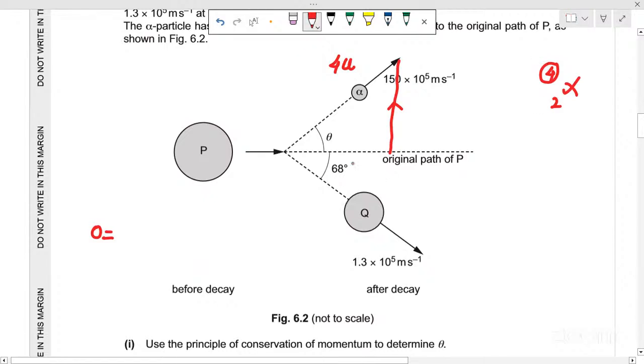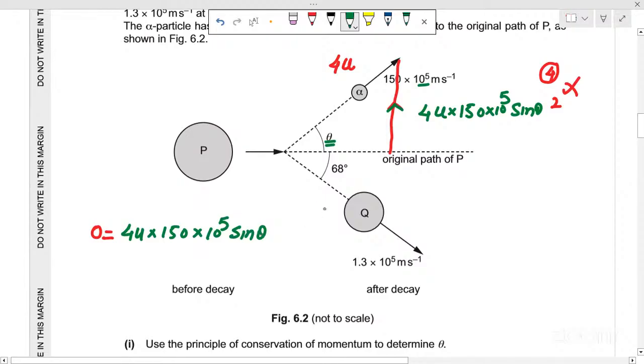So the velocity of this particle is this one. So this vertical component will be 4u, this is m, times velocity, which is 150 times 10 power 5, times sine of theta. Because this is the vertical component, this should be written with sine theta. So I will mention over here 4u times 150 times 10 power 5 sine of theta.